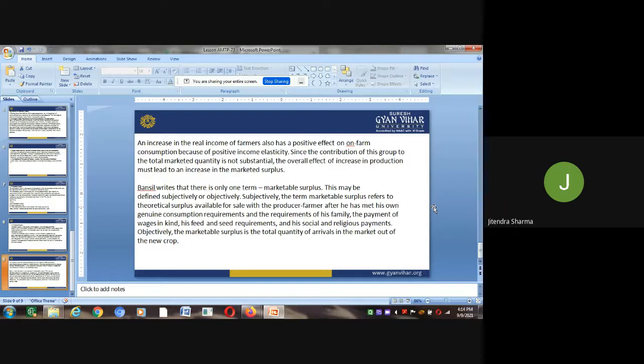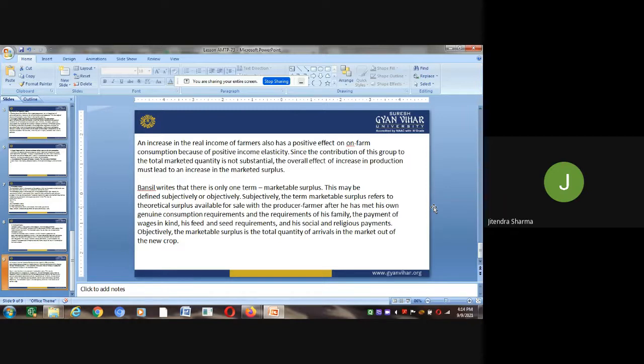Although we have discussed all the things in detail, at first we discussed the producer surplus, then the marketable surplus, and finally the marketed surplus. All together, it is very important for any government or organization that wants to control price fluctuation and inflation in the country to have correct information.